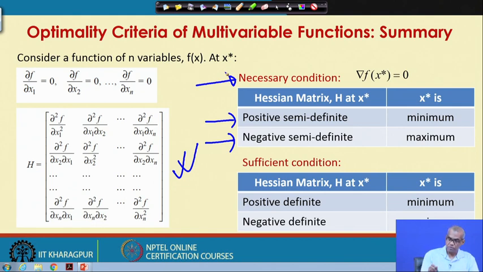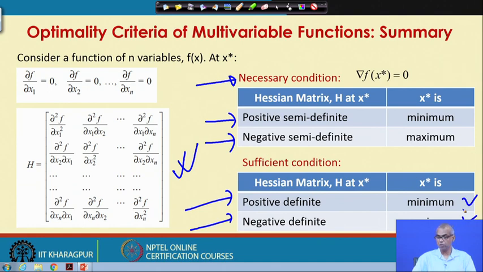But if the Hessian matrix is positive definite or negative definite at a stationary point, that condition is sufficient to say whether x star is minimum or maximum. So, remember the sufficient condition for x star to be a minimum is del f del x star equal to 0 and H, that means Hessian matrix at x star, is positive definite.